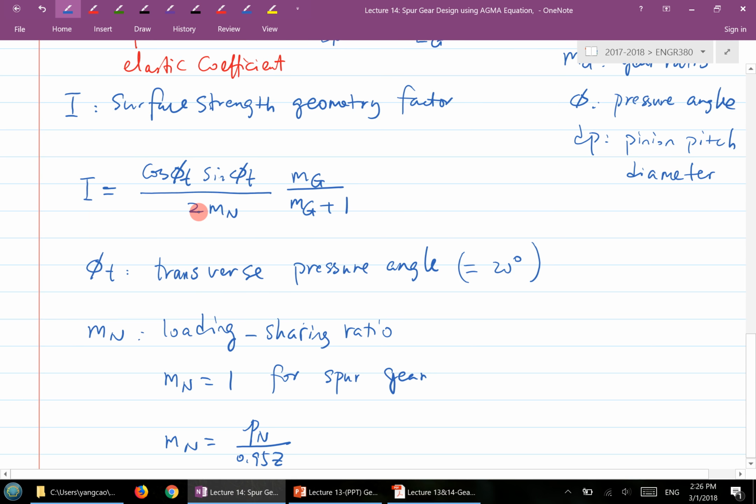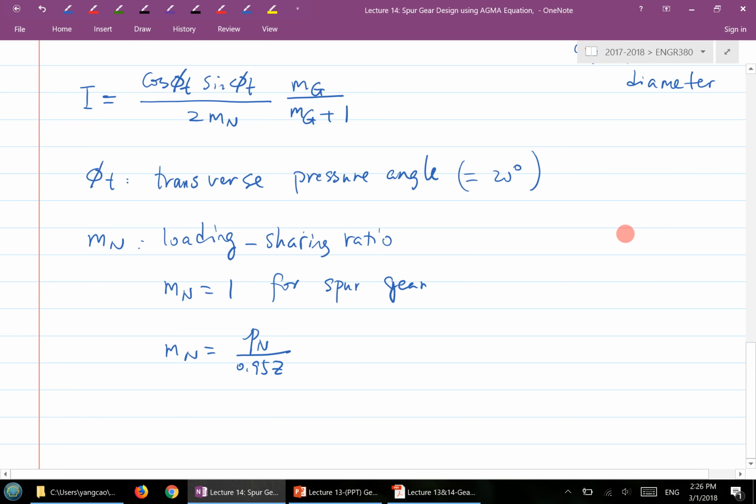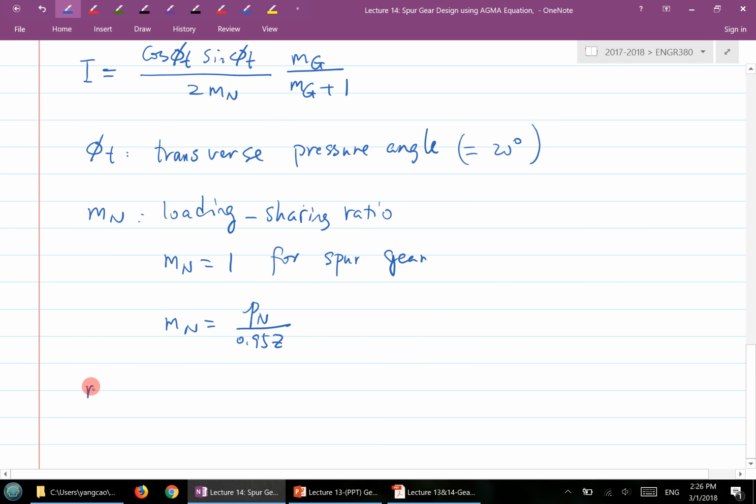In our particular case, we have mg, which is 60 over 22, our phi t is 20 degrees, and mn is 1. You substitute all the values and you get the I value, which is 0.1176.